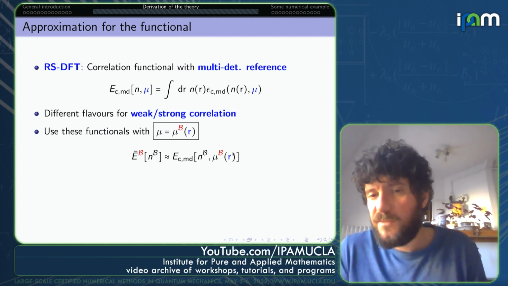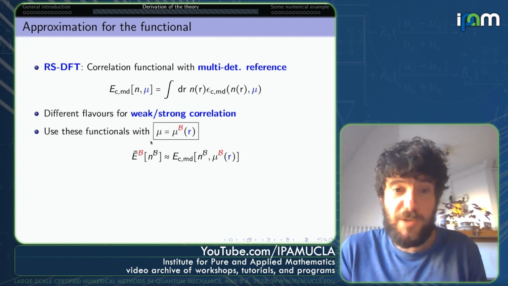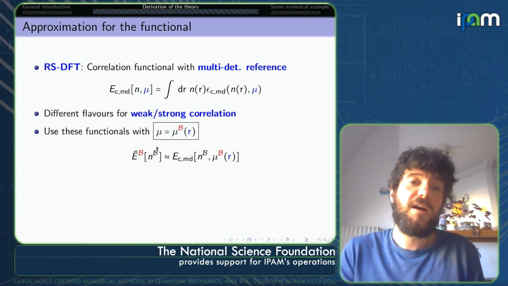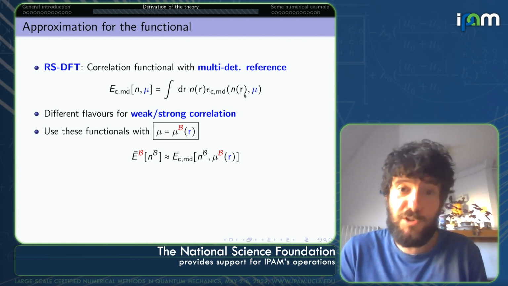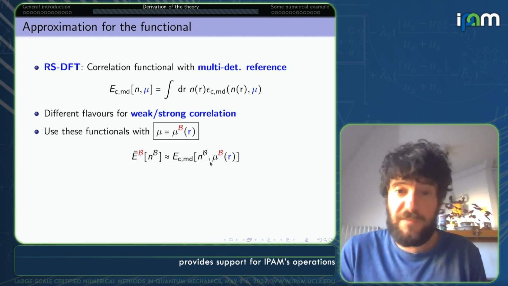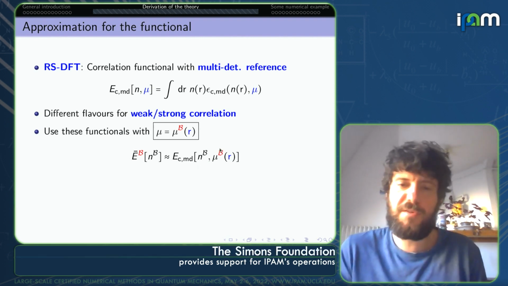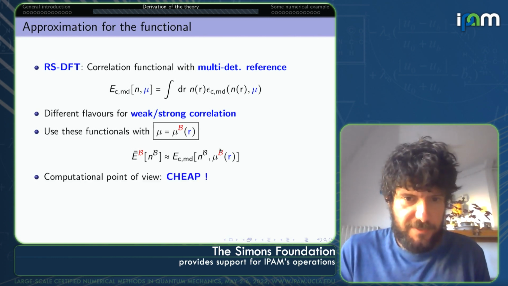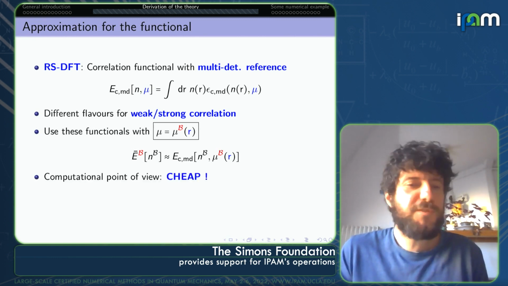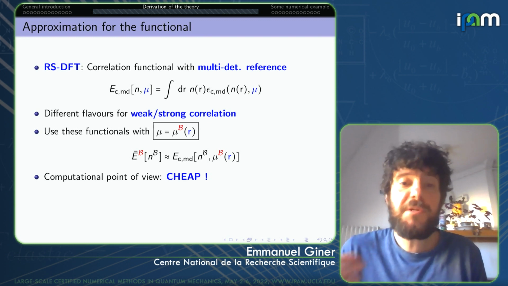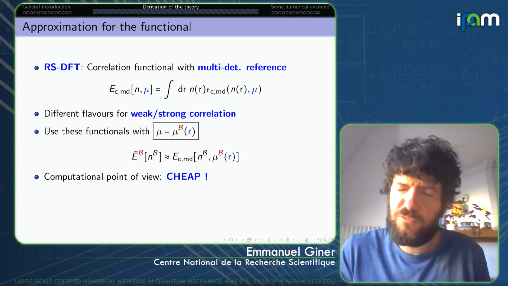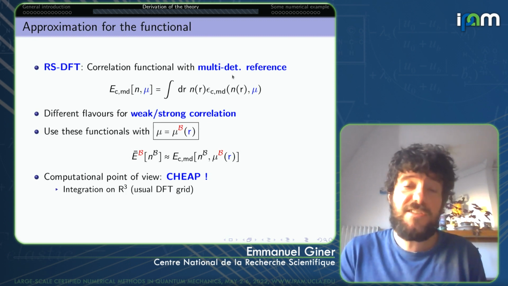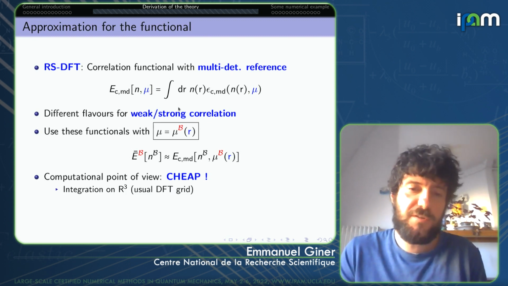And this is something very simple. We approximate the complementary functional for a given basis and a given density in the basis as just these functionals evaluated with a given basis and the range separation parameter of the basis. So now if we look from the computational point of view, it is very cheap compared to the wave function part of the DFT, because this is just an R3 integration of a function.